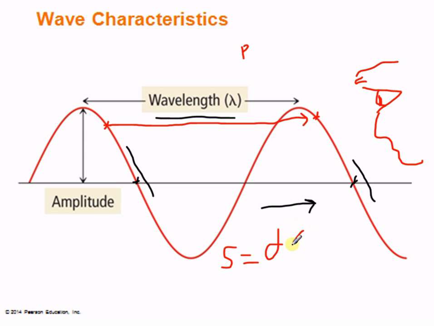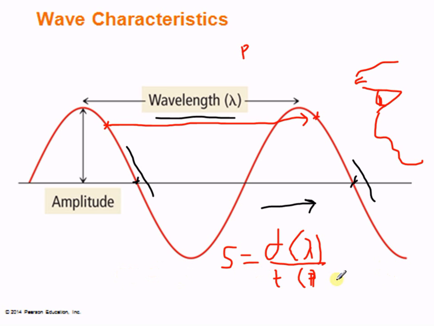In this case, the distance is going to be one wavelength, lambda, and the time it takes is going to be the period. So by knowing the period, and let's say you have 1 second, then the wavelength is going to give you the ratio here.